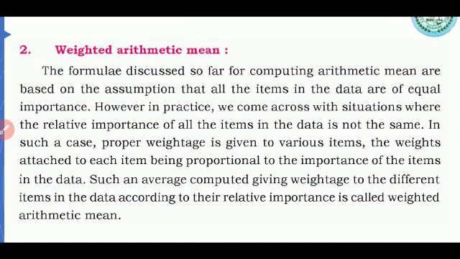Now, for example, if we want to have an idea of the change in the cost of living of a certain group of people, the simple mean of the price of commodities will not indicate the actual change in the cost of living, since all the commodities are not equally important.